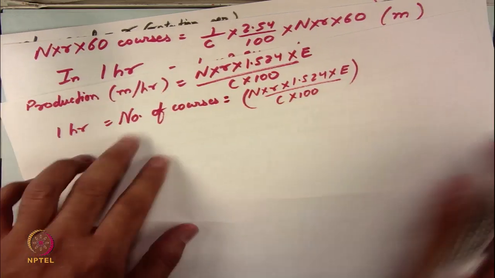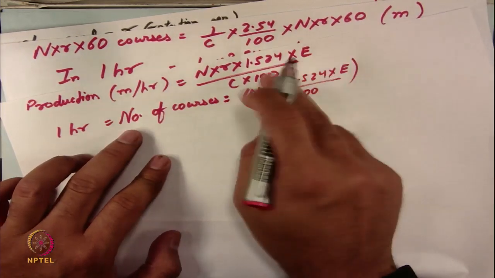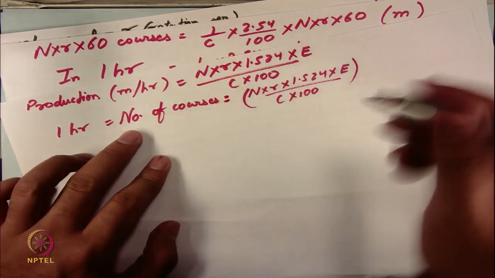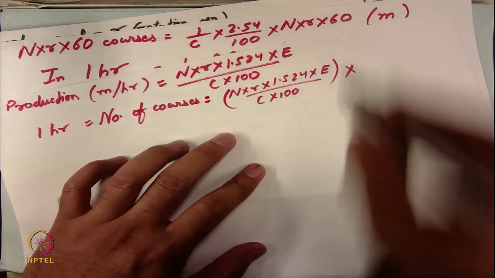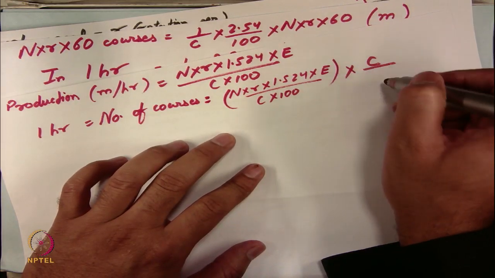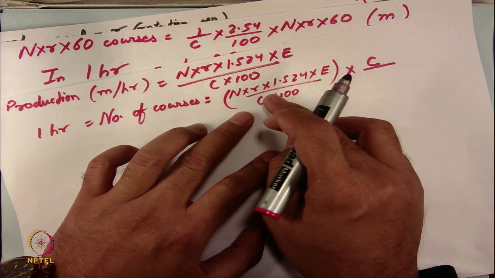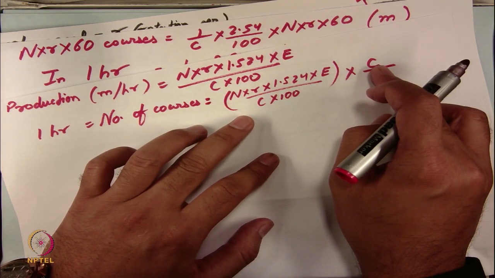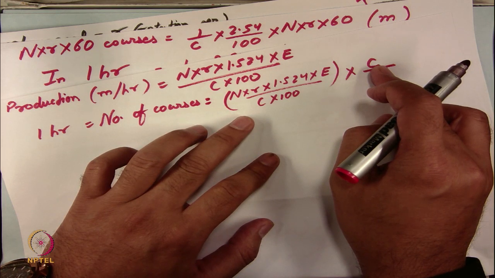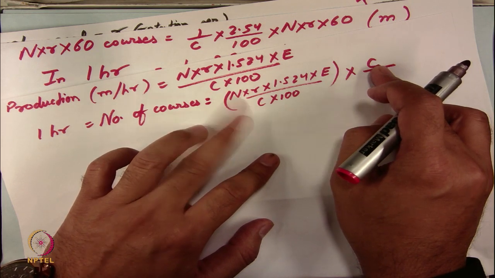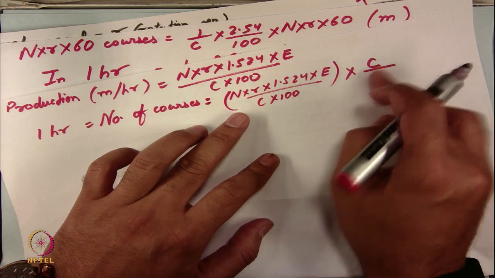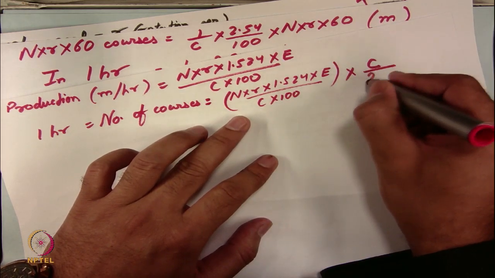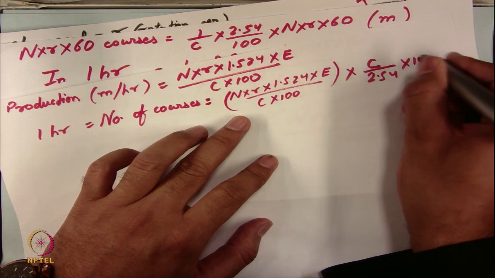This is the length of the fabric, and if you multiply by C, because this is the length of the fabric and you know the course per inch. So, number of courses can be simply calculated by the length into courses per inch. So, you can convert into centimeter, 2.54 into 100.